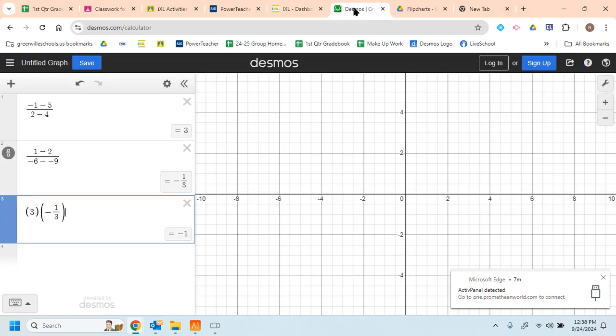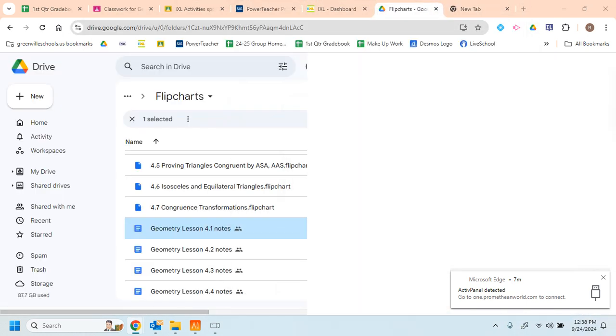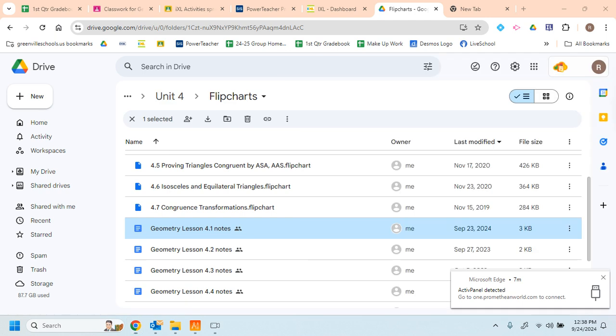Plug these equations into Desmos: 4x minus 3 is equal to 2x plus 5. And when we do that, we find that x is equal to 4.